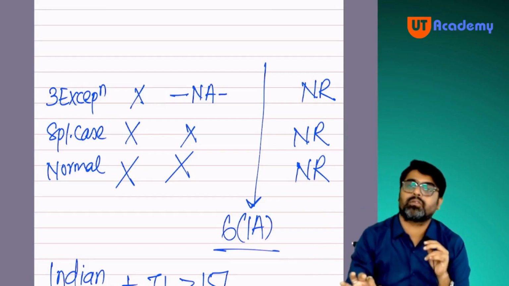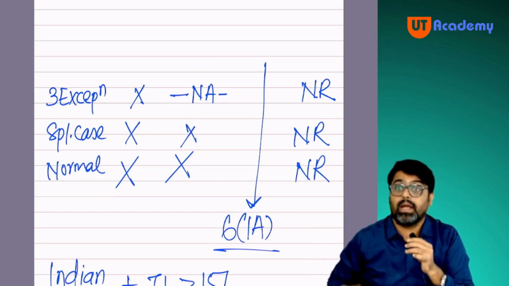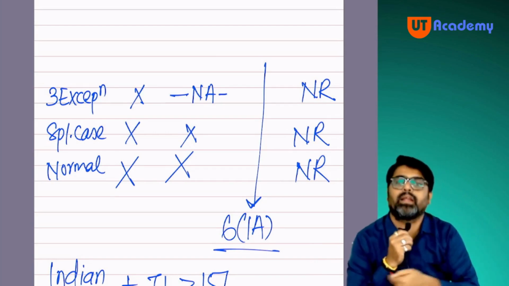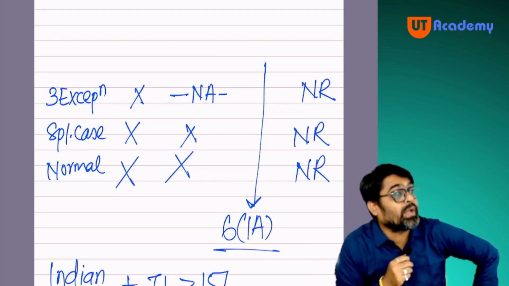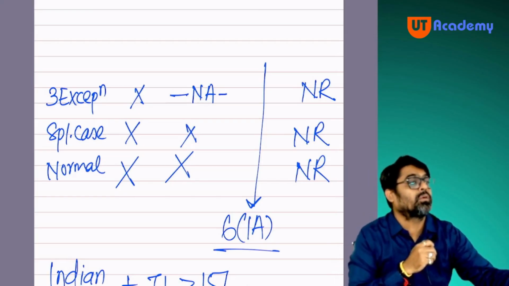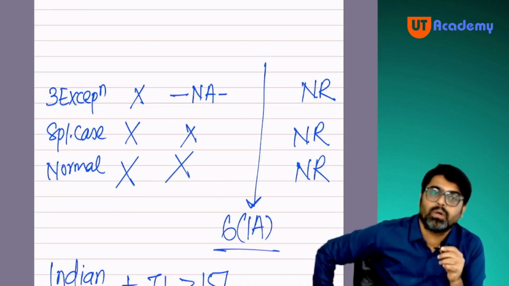So we will tax all the incomes earned by you in my country as well as in other countries because you are my resident. This is known as the residence rule. Some countries follow the source rule for taxing income. Some countries follow the residence rule.